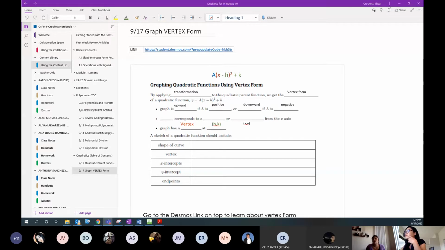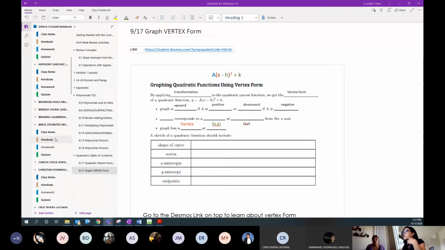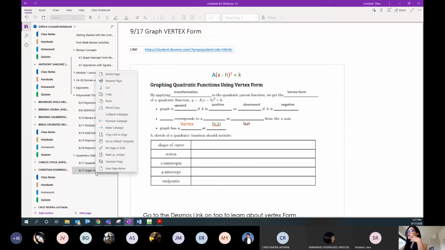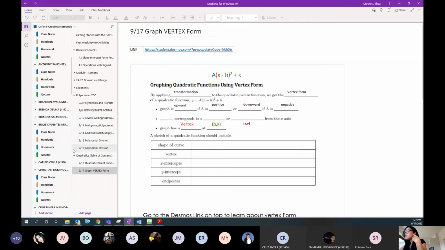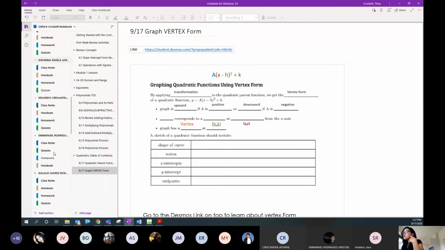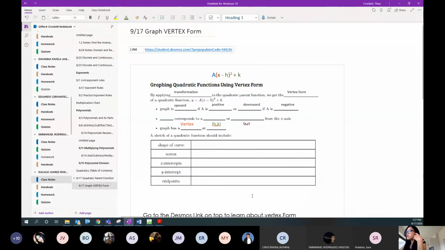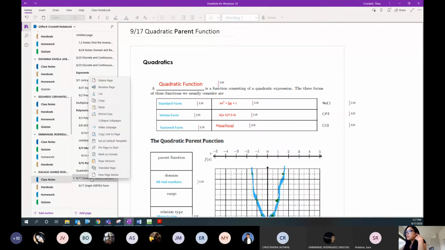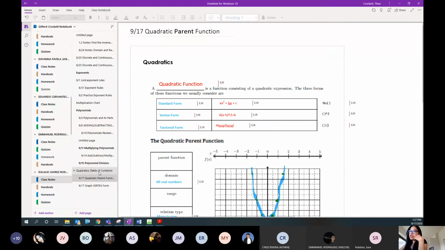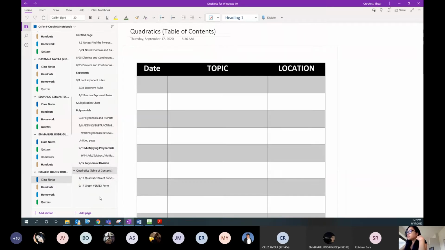So Eulalia, you don't have it? Is there anyone who doesn't have this one? Besides Eulalia? Okay, yeah, you don't have yours. Okay, so I pasted it there, and then I'm gonna make this a subpage so that your quadratic table of contents is your main section.